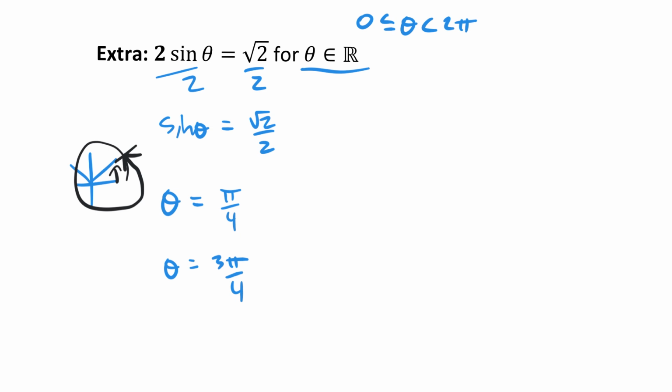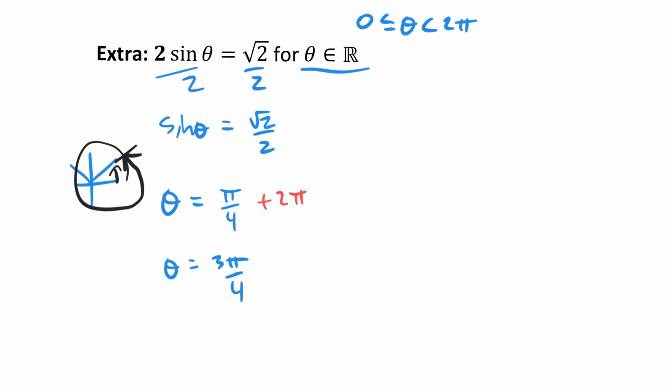That would still get us to the same location. So pi over 4, we could technically add 2 pi to it, and it would still be correct. We could imagine going around once, twice, 3 times. We could just keep going around and around, and as long as we end up at pi over 4, this will be a solution.